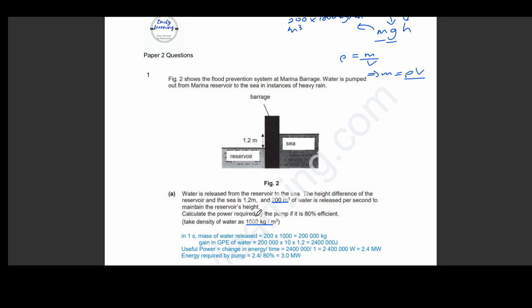To find the power input, we will take useful power divided by efficiency. So we'll take 2.4 divided by 80% to find the power required by the pump. So the answer for part A is 3.0 megawatts. Of course, you can also leave it in watts, so it'll be 3 million watts.